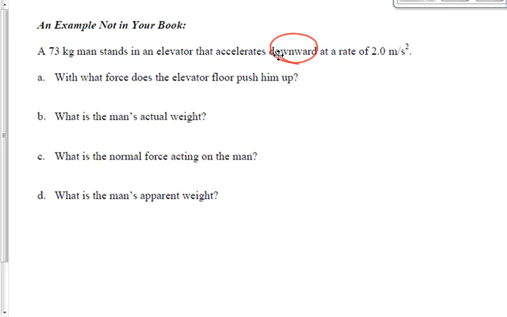There is more than one force acting on this guy in the elevator. If there was just one force, clearly it would be gravity. We know gravity acts on the guy, right? Acts on everybody on the Earth. If it was just the force of gravity, what would happen to him?